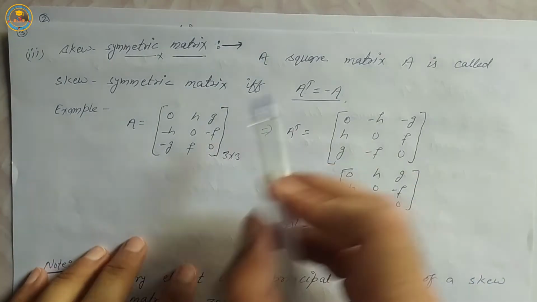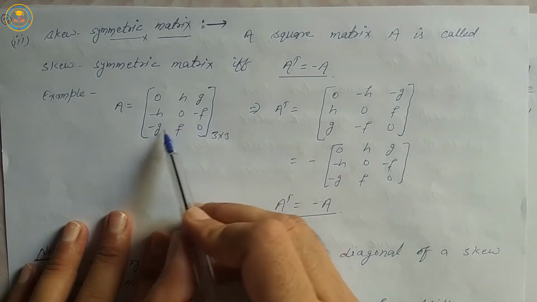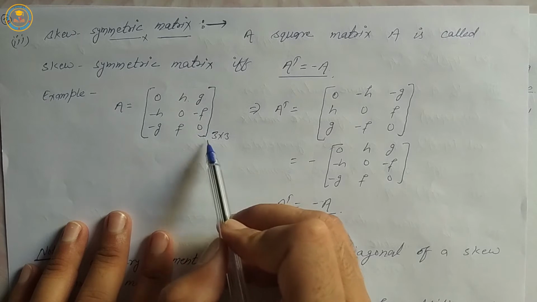For example, A is equal to [0, H, G; -H, 0, F; -G, -F, 0], which is 3 by 3.